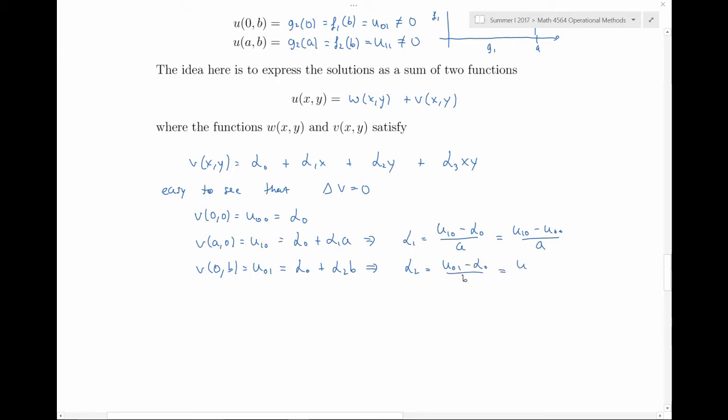So it is u01 minus u00 over b. The last one is that v of a, b, which equals u11, should be alpha naught plus alpha 1 a plus alpha 2 b plus alpha 3 times a times b.